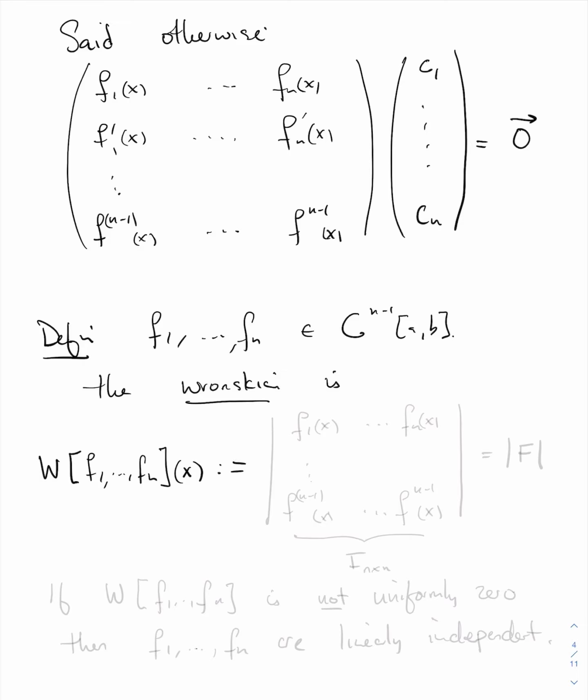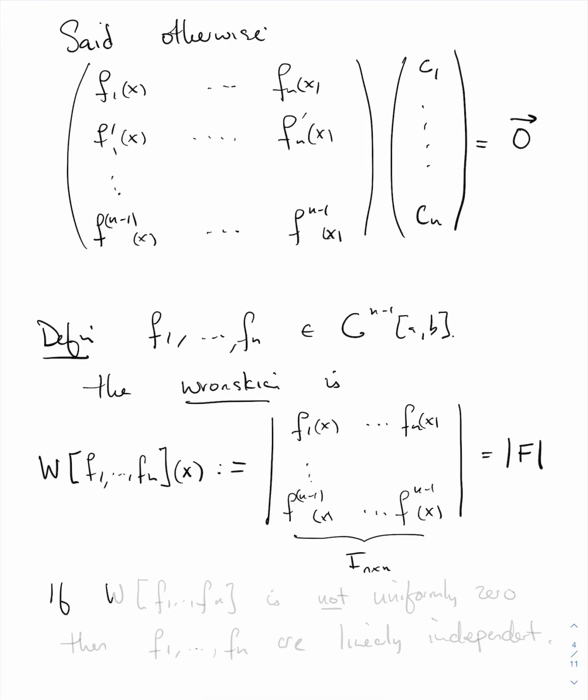This is defined to be the determinant of the matrix above. I'm going to call it F, which is an n by n matrix. This is just the determinant of the matrix F.